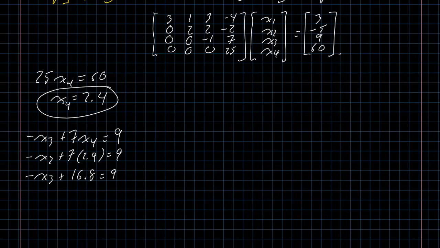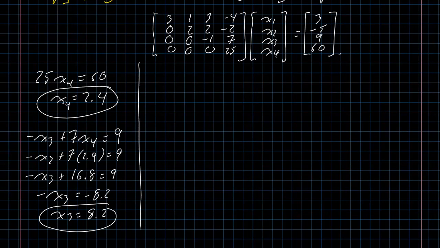And 9 minus 16.8 is negative 8.2. And now I know what x3 is. Making my way up to the next line.